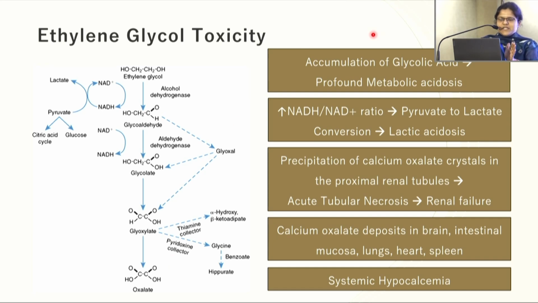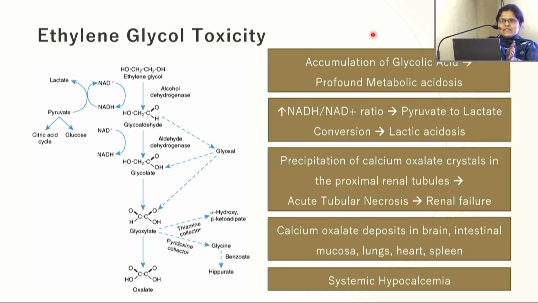Whenever there is accumulation of glycolic acid, it causes profound metabolic acidosis, and the increased NADH to NAD plus ratio results in lactic acidosis. The other mechanism of toxicity is the precipitation of calcium oxalate crystals in the proximal renal tubules, which can result in acute tubular necrosis and acute renal failure.